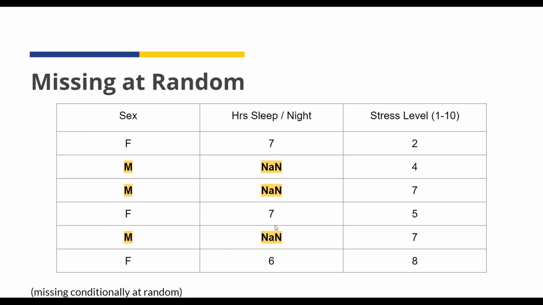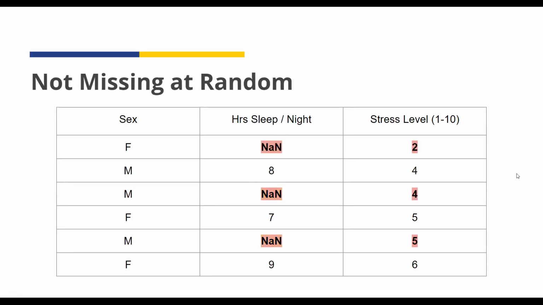So the sex and sleep per night are related in some way, but it's something that we are aware of and has a clear reason for, and is not necessarily associated with our response variable, which is stress level. So another way to think about this is our missing values are conditioned upon some other feature in our data.